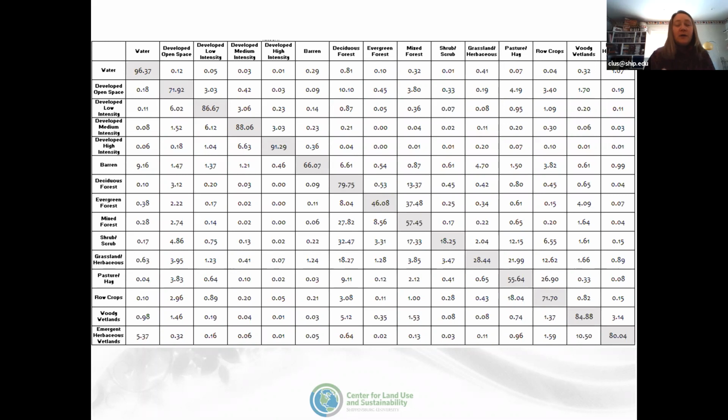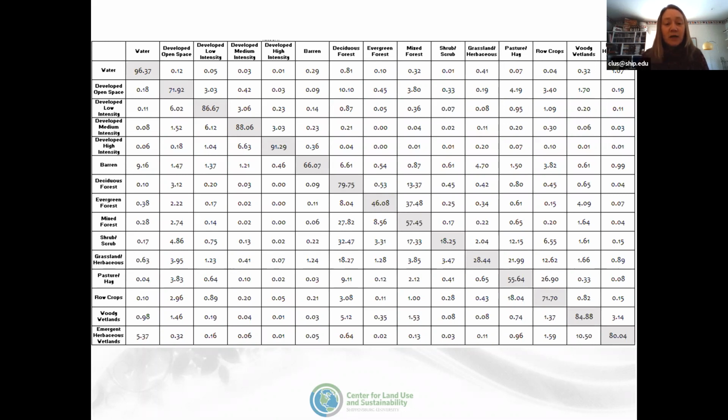If we keep looking at the developed classes, developed open space has the lowest agreement between the two editions, where we see about 72% agreement. And in this case, just over 10% of the pixels mapped as developed open space in the 2011 edition are mapped as deciduous forest in the 2016 edition.